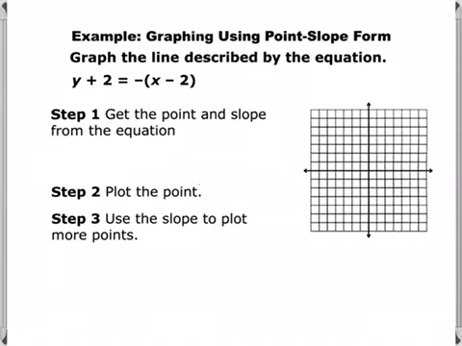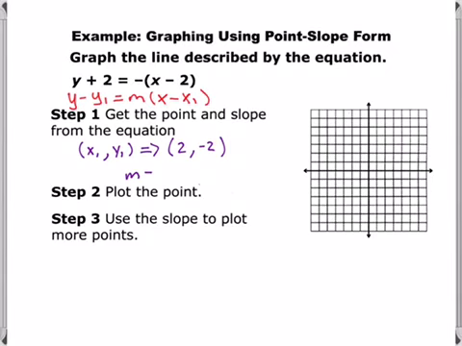In the next example, we'll do the same thing. We want to figure out the point, so we have y minus y1 equals m times x minus x1. So in this case, our x1, y1 point is going to be 2, -2, and your slope is just -1.